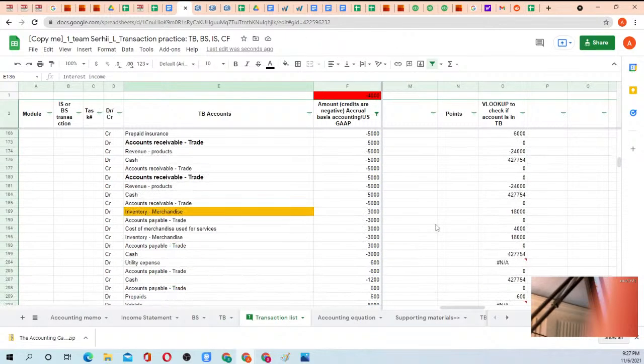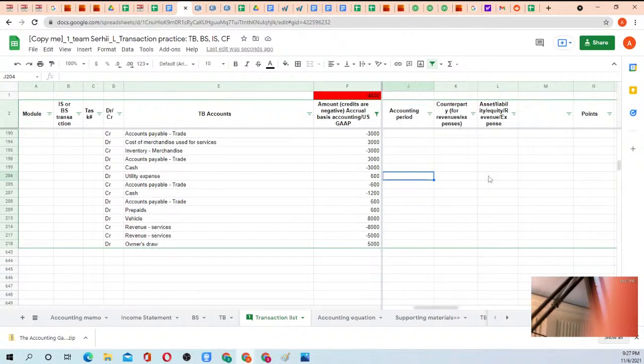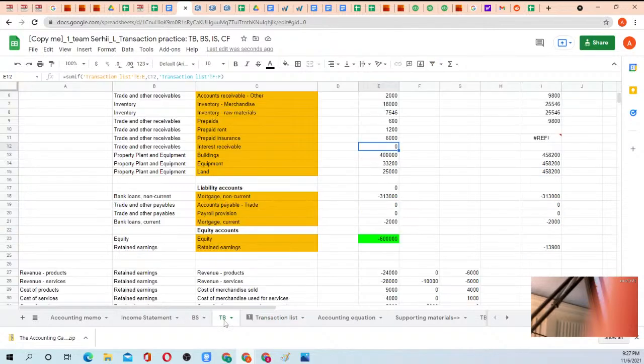Let's see what other problems we have here. Utility expense, vehicle, let's just change it to equipment. I have that account. Owner's draw, that's an interesting one. Okay, let's fix utility expense first.